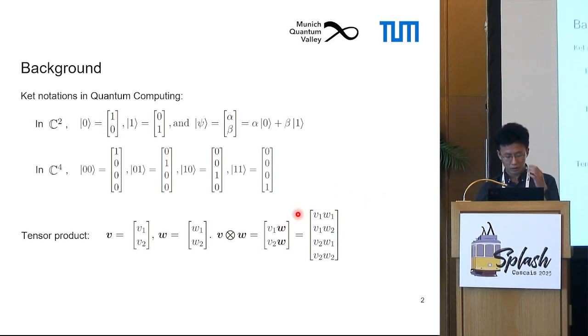In the end, we get a vector whose dimension is the product of the dimensions of the two input vectors.